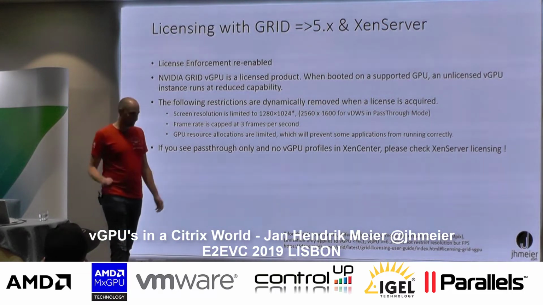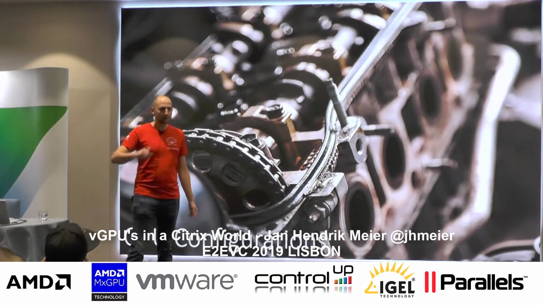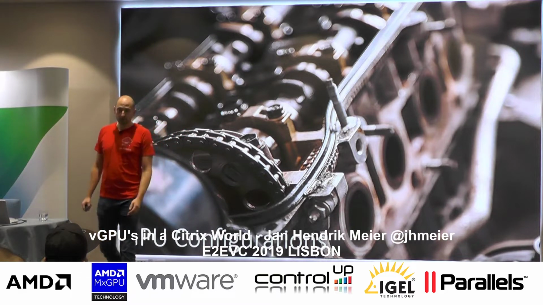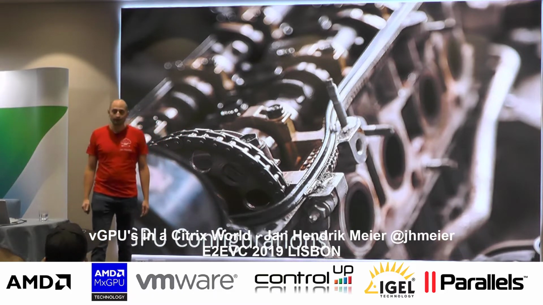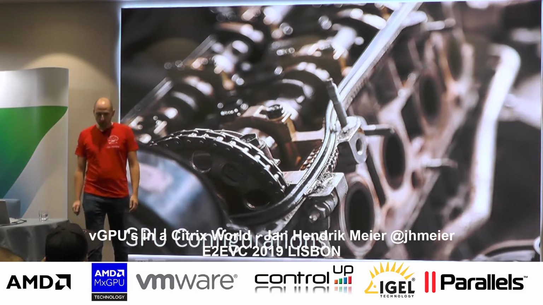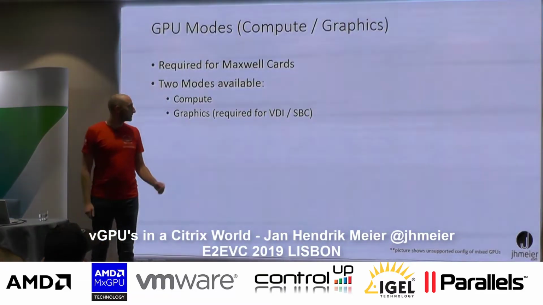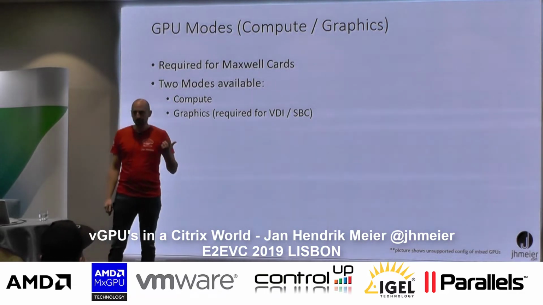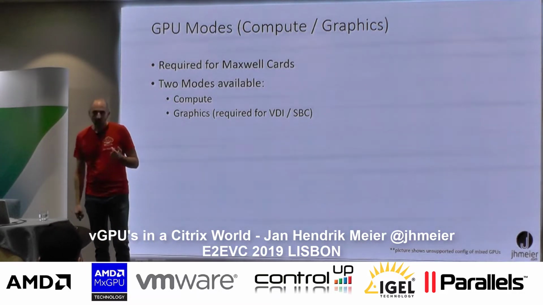When you have decided which card you're going to choose and which license you're going to use, you have your next decision: the GPU configuration. Starting with the old Maxwell cards, they had two modes available, compute mode and graphics mode.